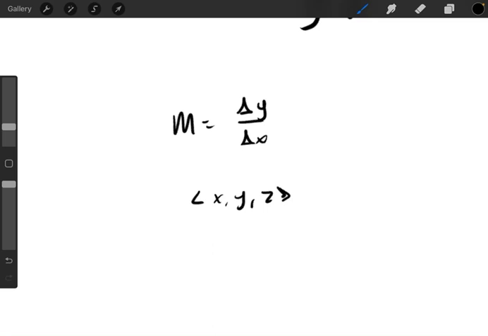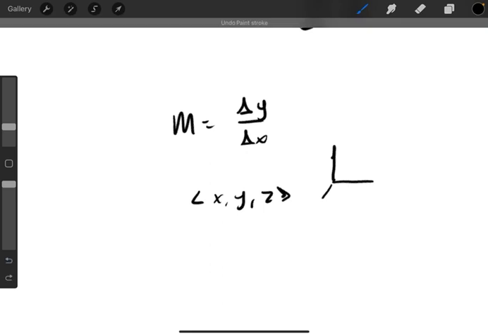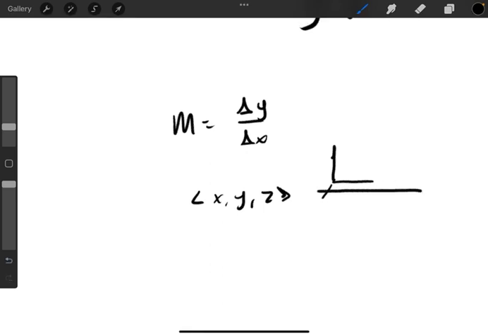If you have a straight line, let me draw that, say like that, and actually, let's make it off the origin, like that. Yeah, that works, I think.